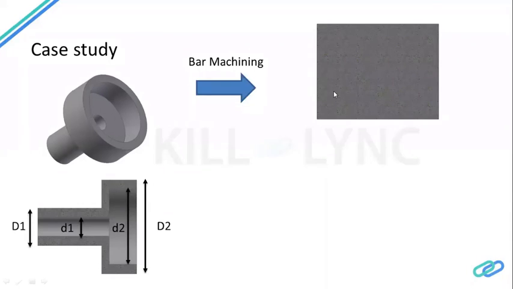What you do is remove the unwanted material from this bar to get the final shape. So the regions shown in blue are where you remove the material, and when you remove the material from the blue regions, you get this finished part that we see here.